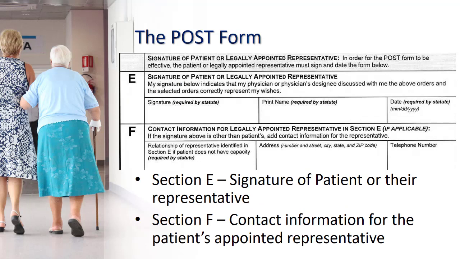Section E and Section F deal with the signature and contact information for the patient or the patient's appointed representative. So Section E is for that signature of either the patient or the legally appointed representative. Section F is that contact information for the representative should you need to contact them.